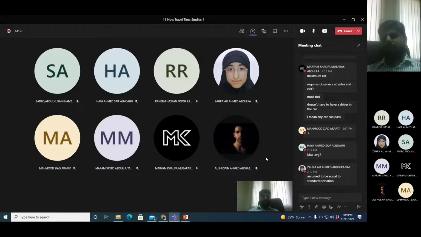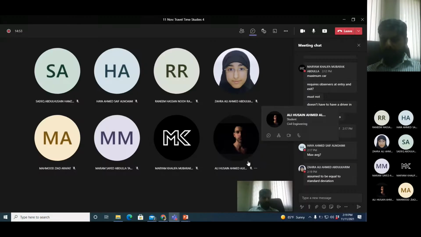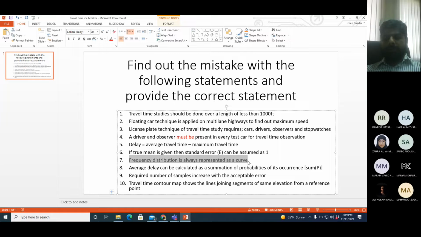We did it in an example in the last lecture. Good, well done, Zara. Okay, frequency distribution is always represented as a curve. Who can correct this statement? Is it necessary that frequency distribution must always be represented as a curve?